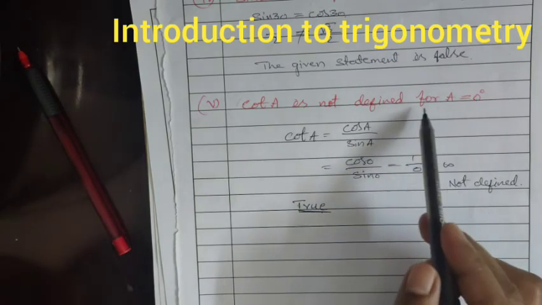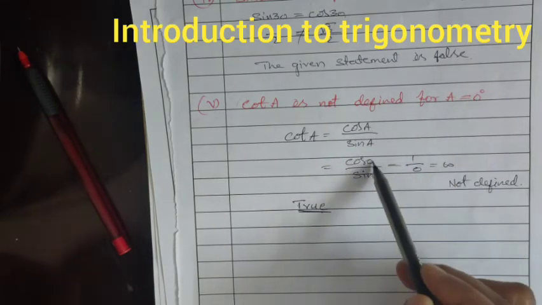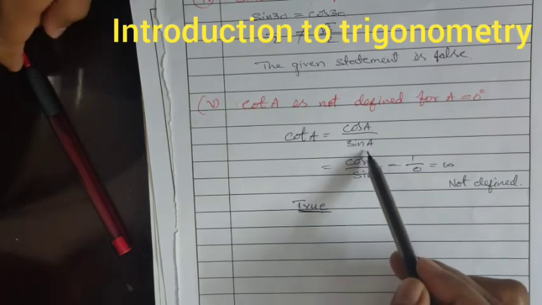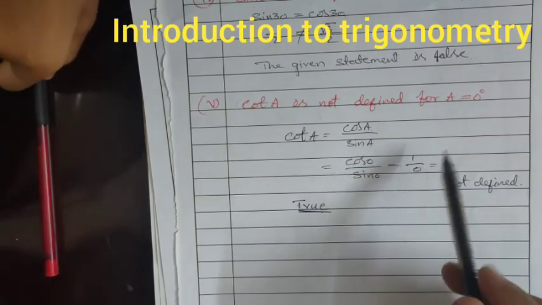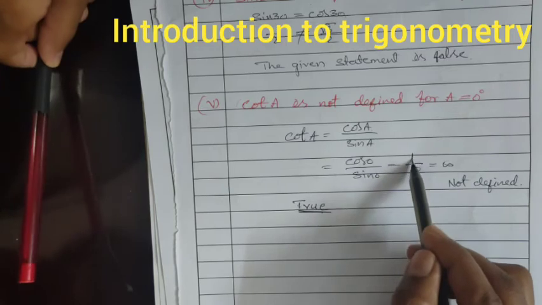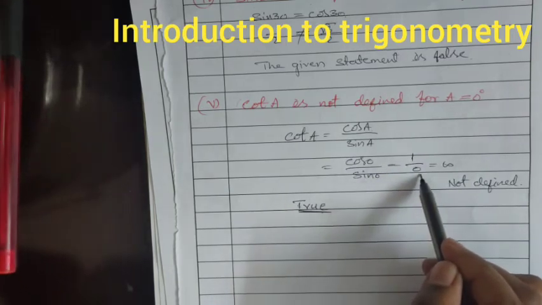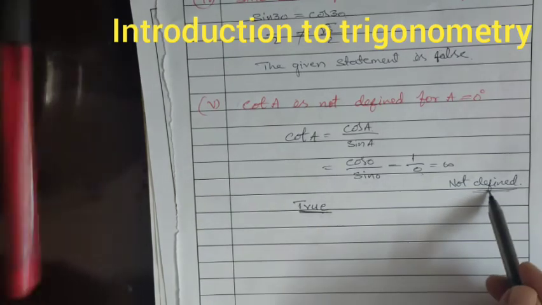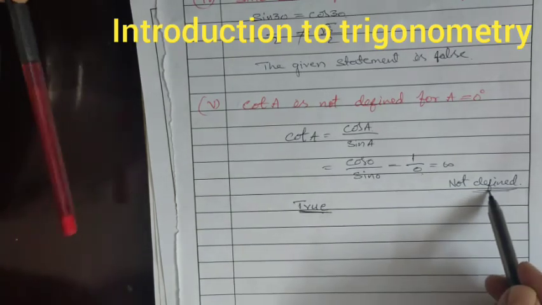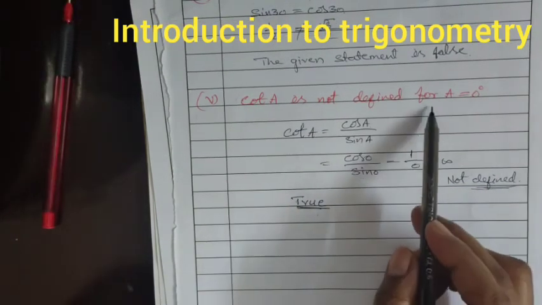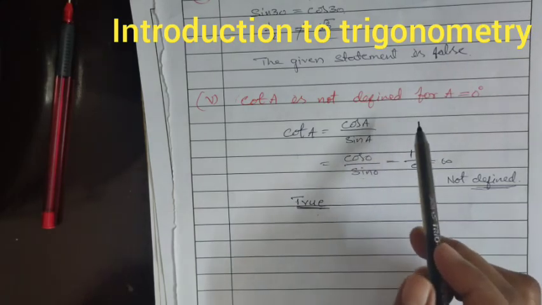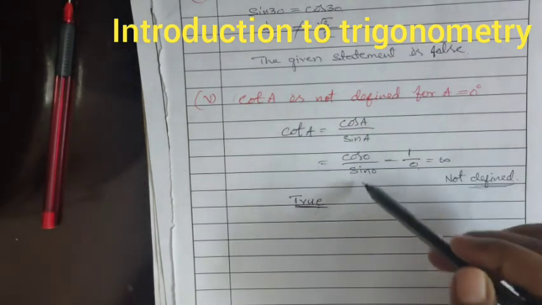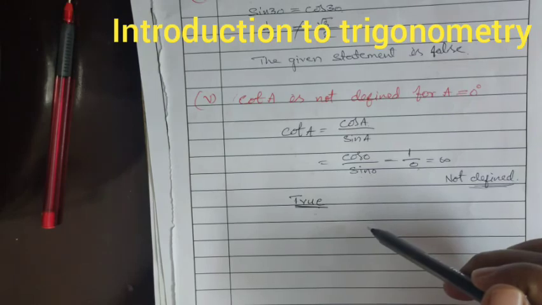You write cos 0 and sin 0. What is the cos 0? Cos 0 value will be 1. Sin 0 is 0. So 1 divided by 0 is not defined. Therefore, the given statement is what? True. So, students, I hope you can understand all the questions and answers.